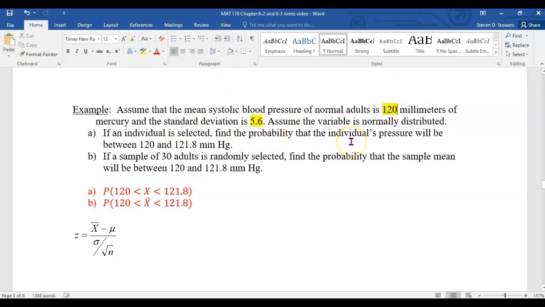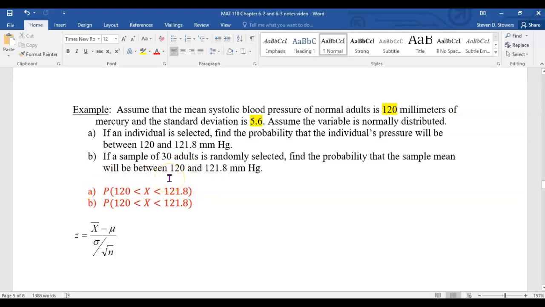Assume the variable is normally distributed, so we can base this on the normal distribution. And now this is a two-part question. Part A is exactly the kind of problem we were solving in the last section. If an individual is selected, just randomly selected, find the probability that that individual's blood pressure will be between 120 and 121 millimeters of mercury.